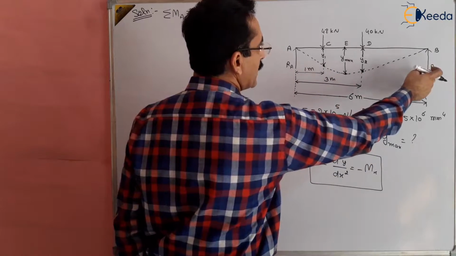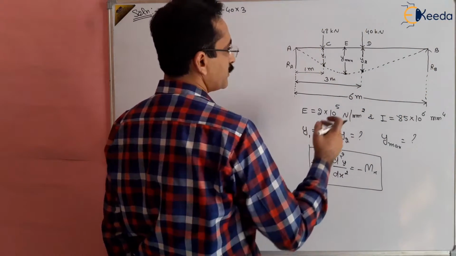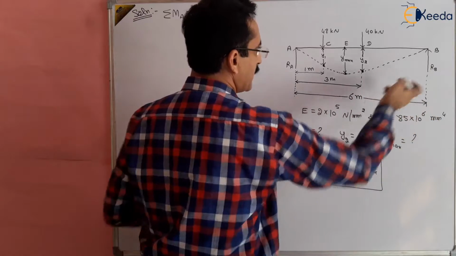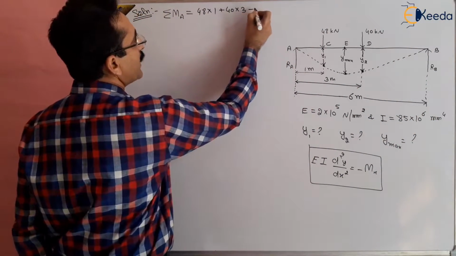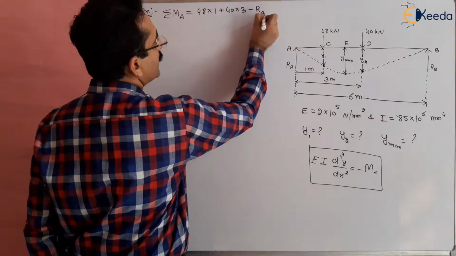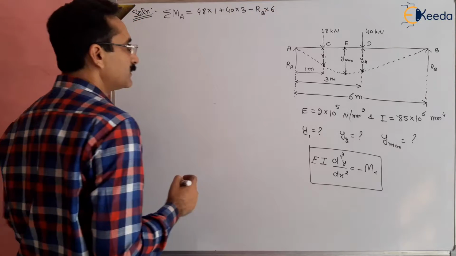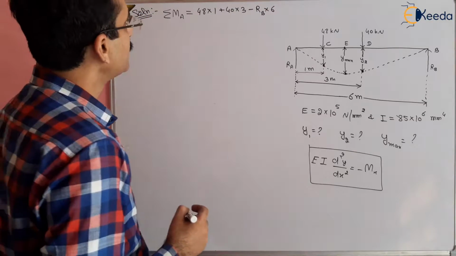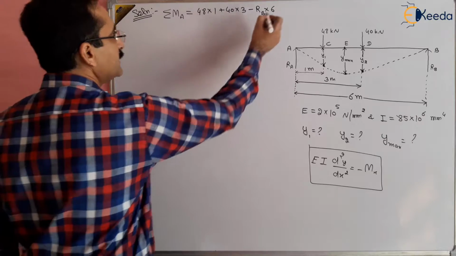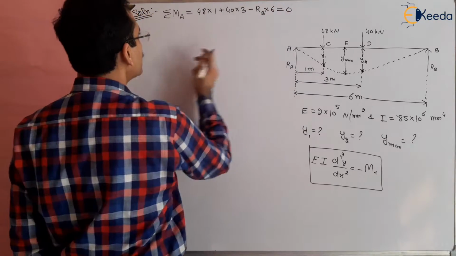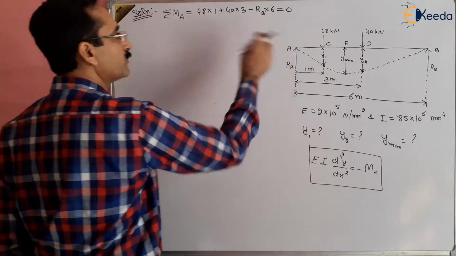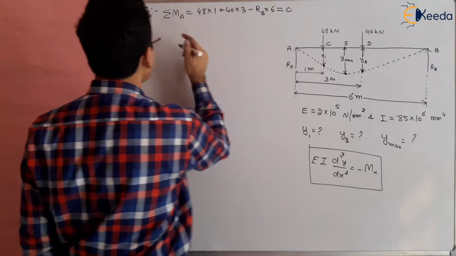And the moment of RB about A is RB multiplied by 6, and it is anti-clockwise. So this is minus RB multiplied by 6. Distances are taken in meters. These moments should sum to 0 because the moment about A should be equal to 0. So we can get RB from here.